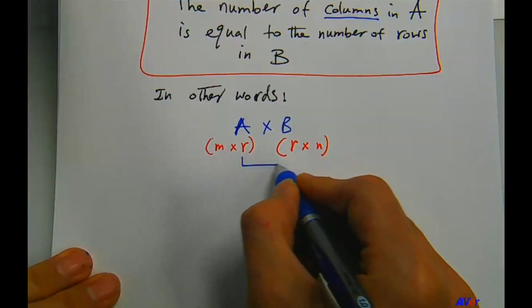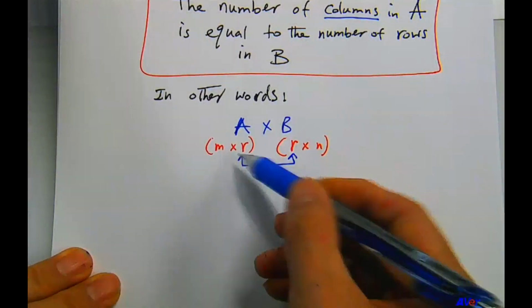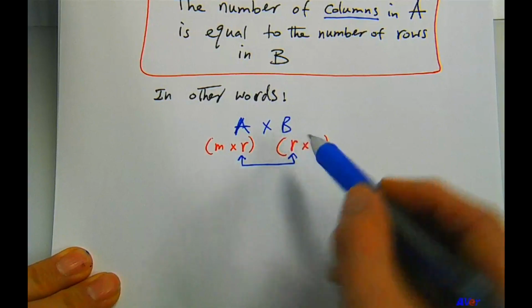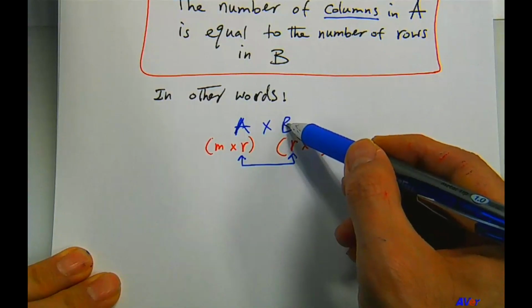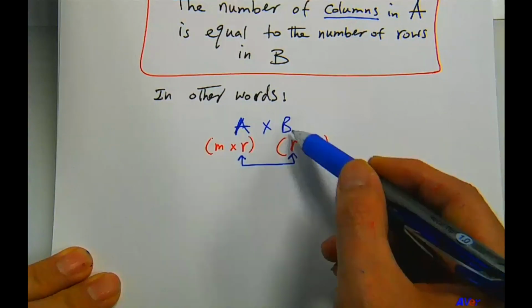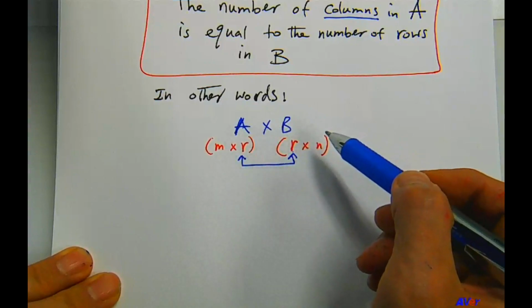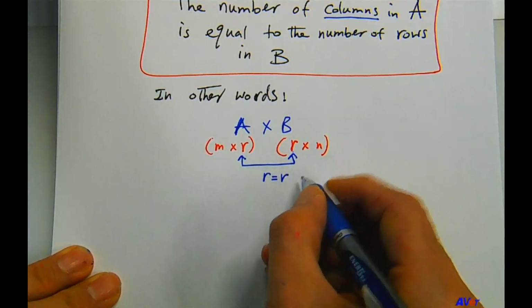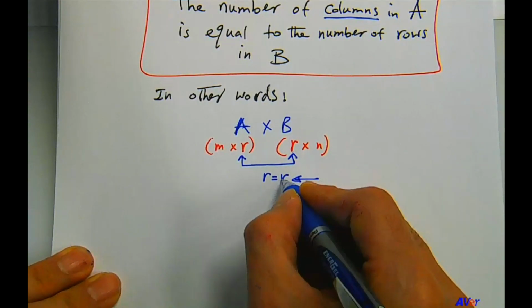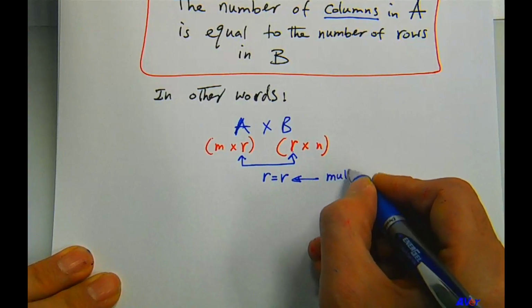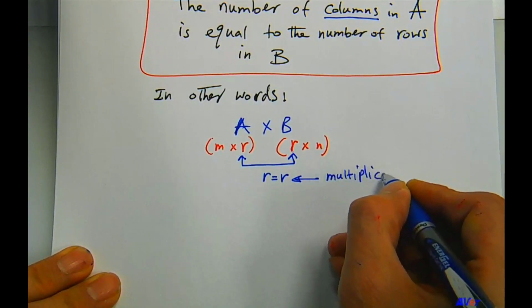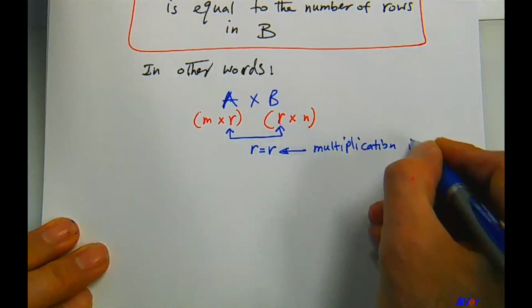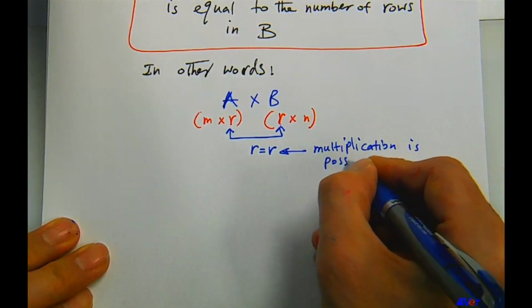Notice the reason for that is that the number of columns in A must always be equal to the number of rows in B, the second matrix, if we are to multiply them in the same order. So we say r equals r. Therefore, multiplication is possible.